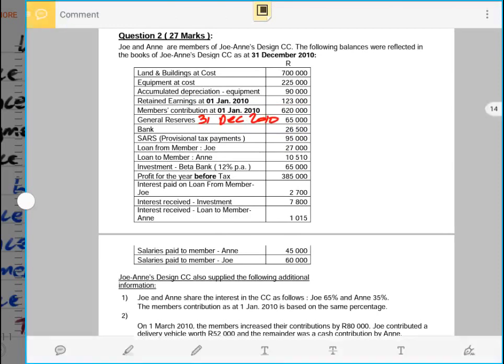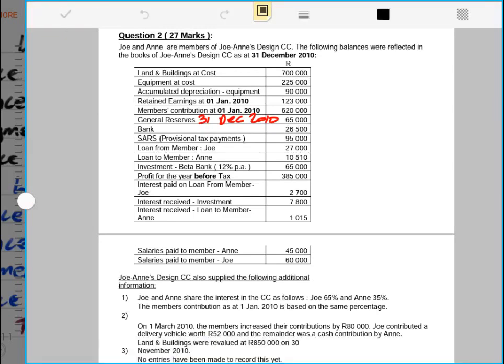Then we have the bank account, provisional tax of 95,000 rands, and the loans. Take into account that these loans are as at the 31st of December 2010. That means the closing balance on the 31st of December 2010.